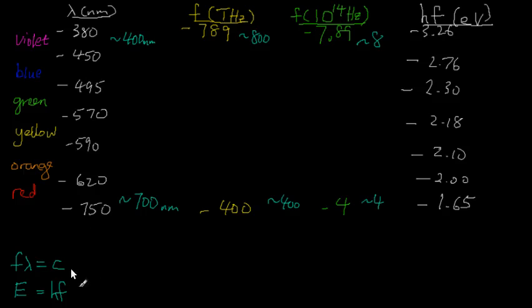And we can always use these two formulae to convert from wavelengths to frequency and photon energy if necessary. So for example, how might knowing about the photon energies be useful?